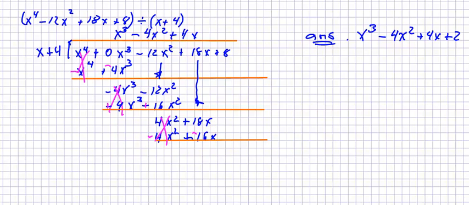These cancel. 18 minus 16 is 2x, plus we bring down the 8, and we're almost done. x goes into 2x 2 times. We distribute, and we get 2x plus 8.